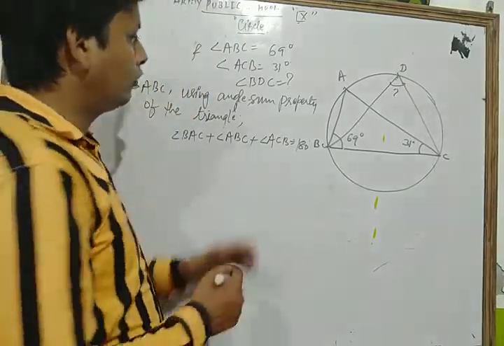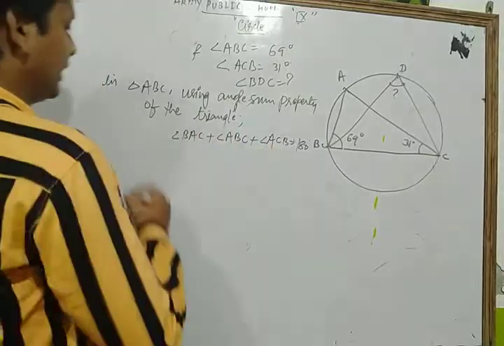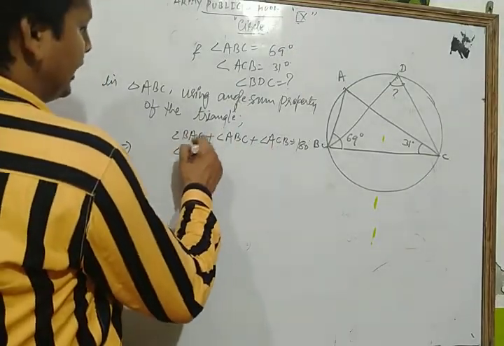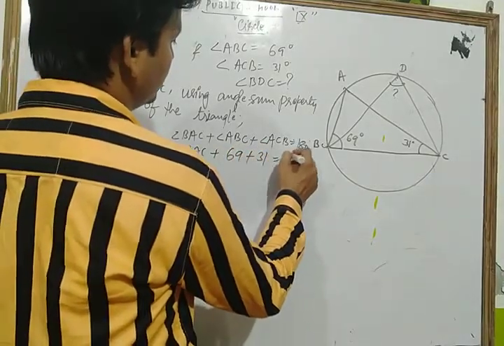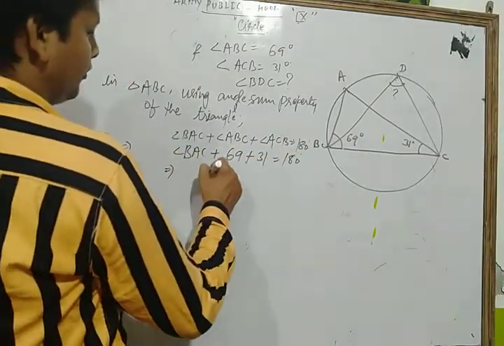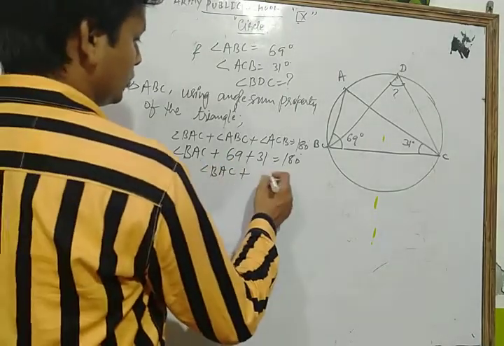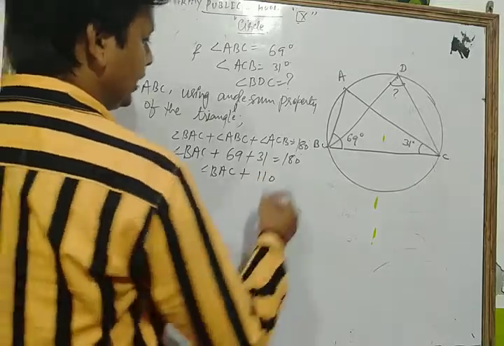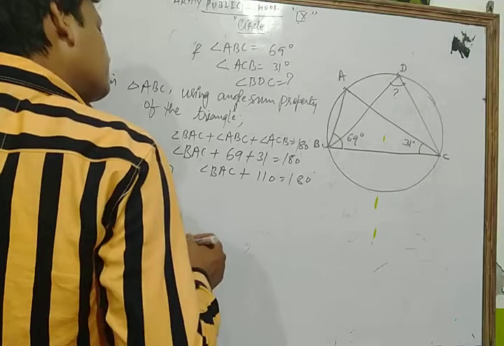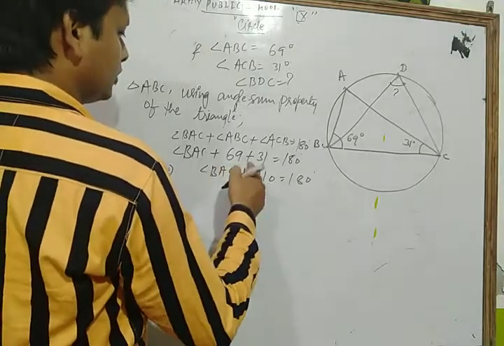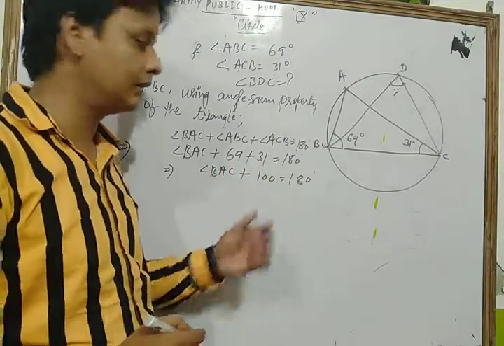So dear students, now we put the values of angle ABC and angle ACB in that expression. So we get angle BAC plus 69 plus 31 is equal to 180. So we have angle BAC plus 100 is equal to 180, since 69 and 31 make 100.